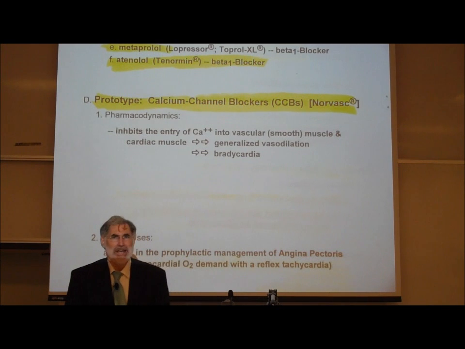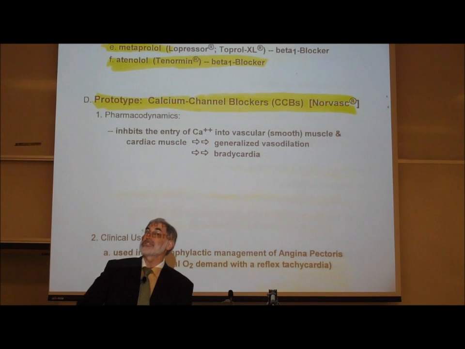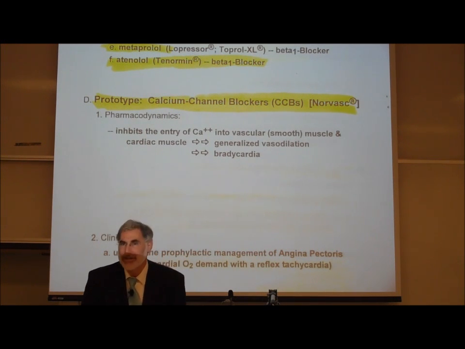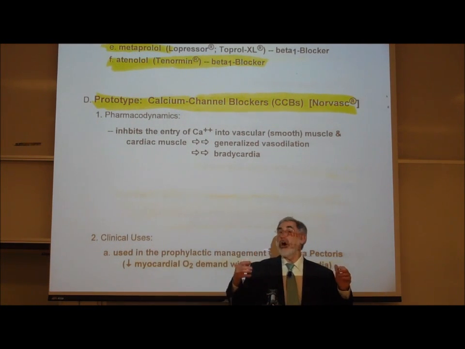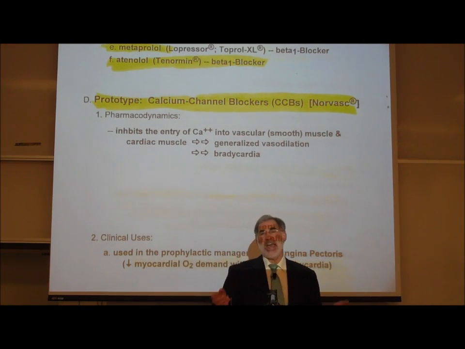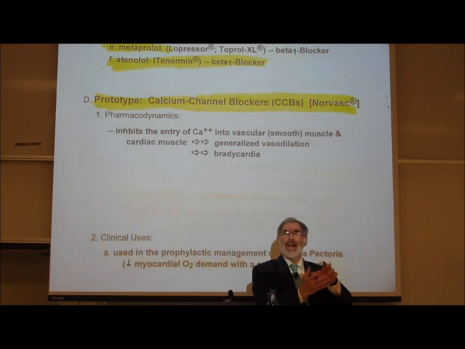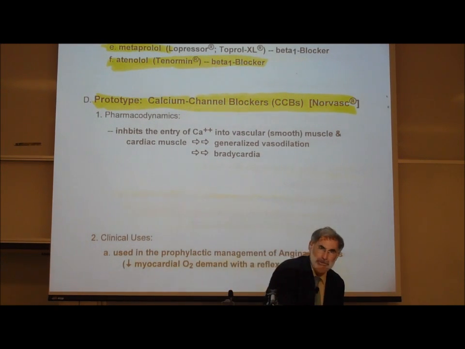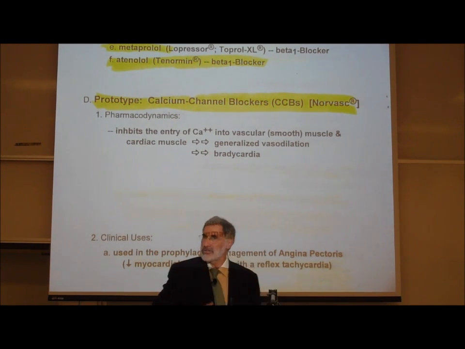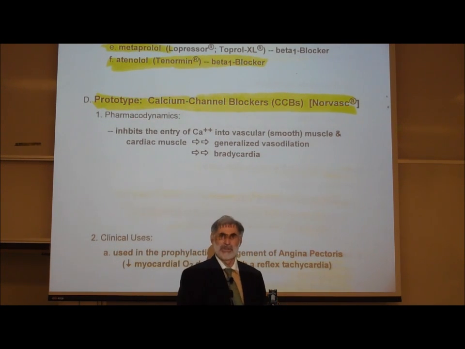First of all, let me remind you that you all learned in various courses that muscles need calcium in order to contract. Calcium is needed for muscle contraction. In the case of the heart muscle, cardiac muscle, and visceral smooth muscle, there are actually calcium ion channels that open up so that calcium ions flow into the heart muscle cells and into the visceral smooth muscle cells to facilitate contracting of cardiac muscle and visceral smooth muscle.